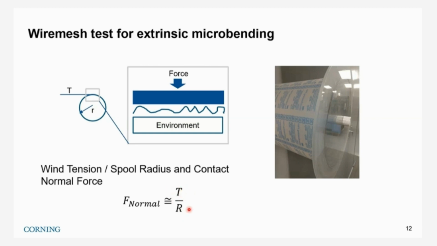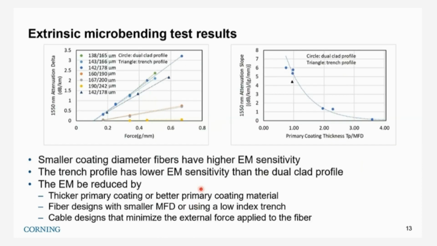It depends on the winding tension and also the spool radius. So here are the test results for different coating diameters and also for different profile designs. From the graph on the left, you can see clearly, when you reduce the coating diameter, the microbending sensitivity increases.